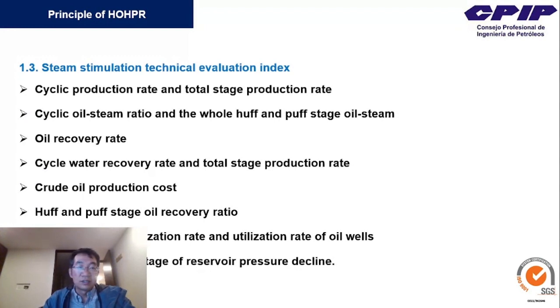The second one is the cycle oil steam ratio and the whole huff and puff stage oil steam ratio, and the oil recovery rate, and the cycle water recovery rate, and total stage production rate, and crude production cost, and huff and puff stage oil recovery rate ratio, production time utilization rate and utilization rate of oil wells, and the steam stimulation stage reservoir pressure decline.